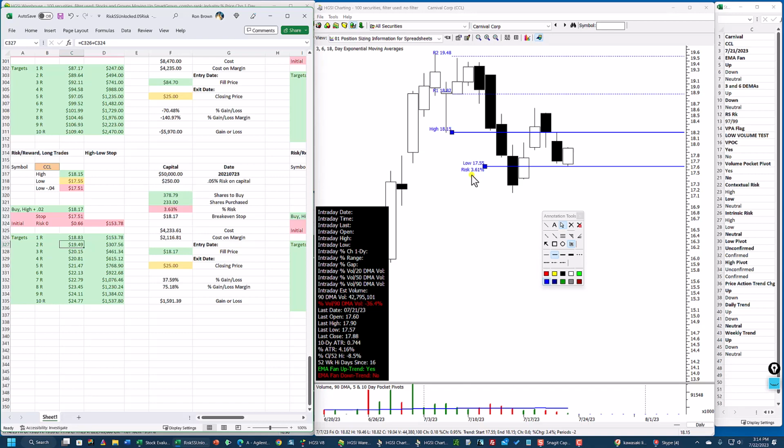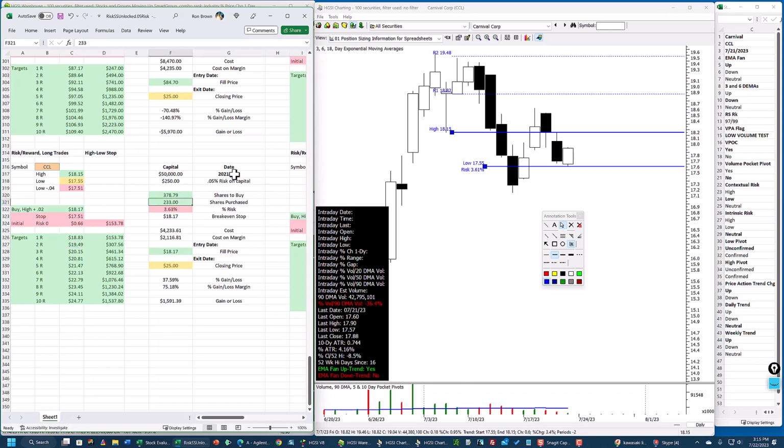Now, I can go through a lot of stocks and put the ones I really want to look at in a list, and then I would go through this process before I risk any money, because I don't want to risk more than the correct amount. And I see I didn't move this up.